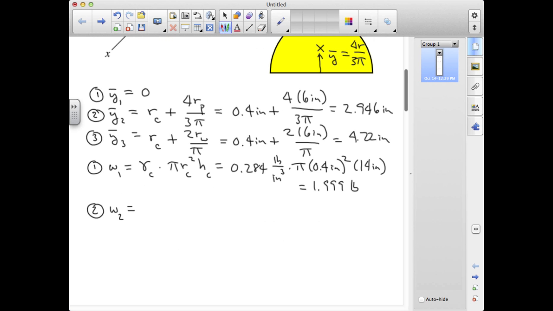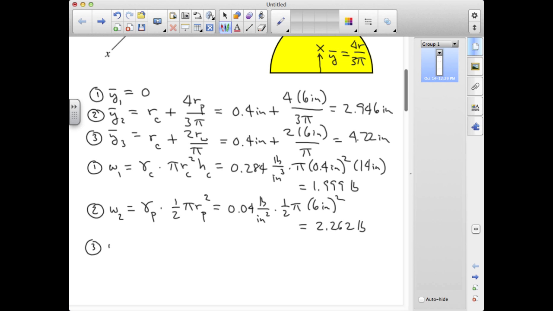For the brass plate, we have the areal weight density of the plate times its area, which is just half of a circle, so it's 1/2 pi times the radius of the plate squared. That gives us 0.04 pounds per inch squared times 1/2 pi 6 inches squared, and that number turns out to be equal to 2.262 pounds.